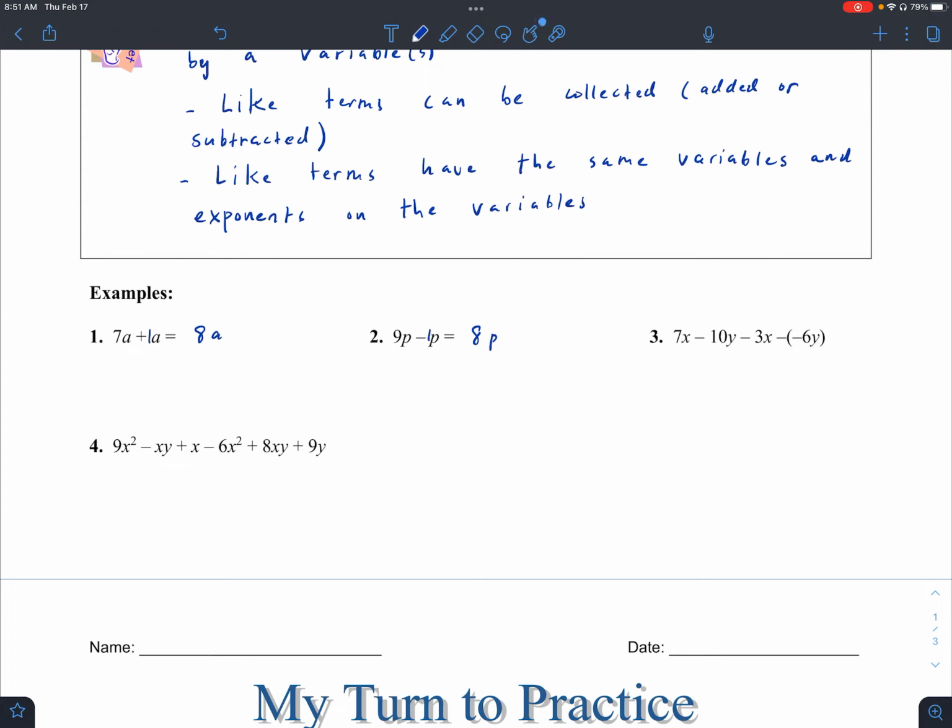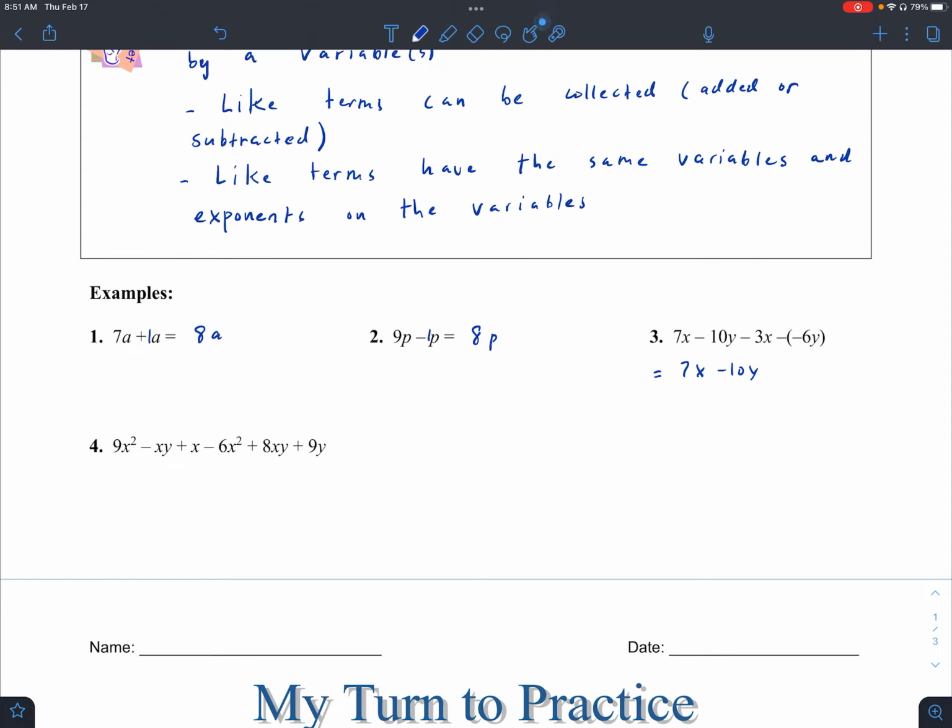Okay, let's have a look at number 3, which is a little bit more complicated. So first thing you would want to do is you would want to multiply the negative in. Now recall that two negatives back to back make a positive.